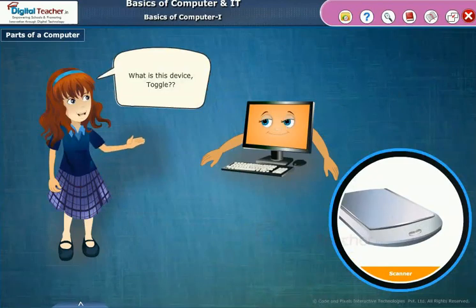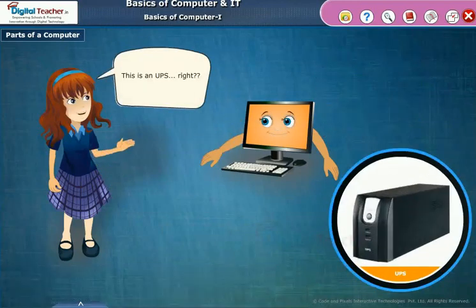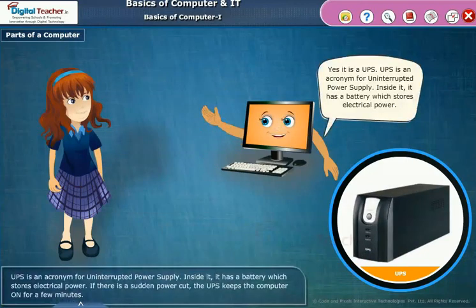What is this device, Toggle? This is a scanner. It can read words, pictures, or numbers printed on a sheet of paper and changes them into a form that a computer can understand. This is a UPS, right? Yes, it is a UPS.